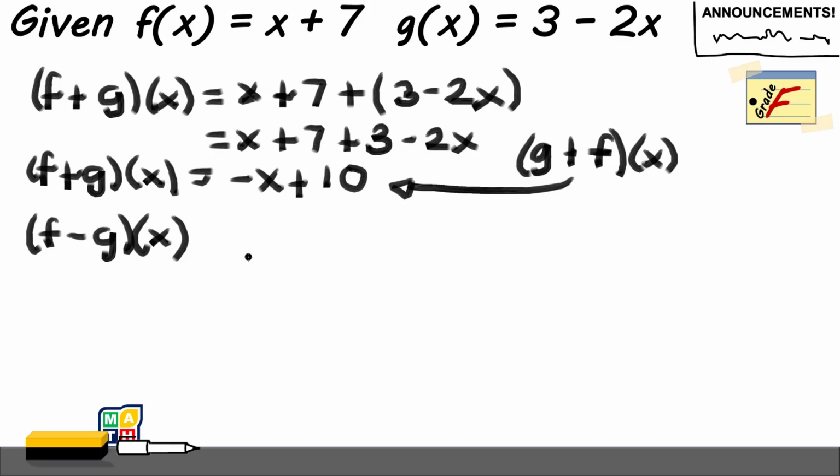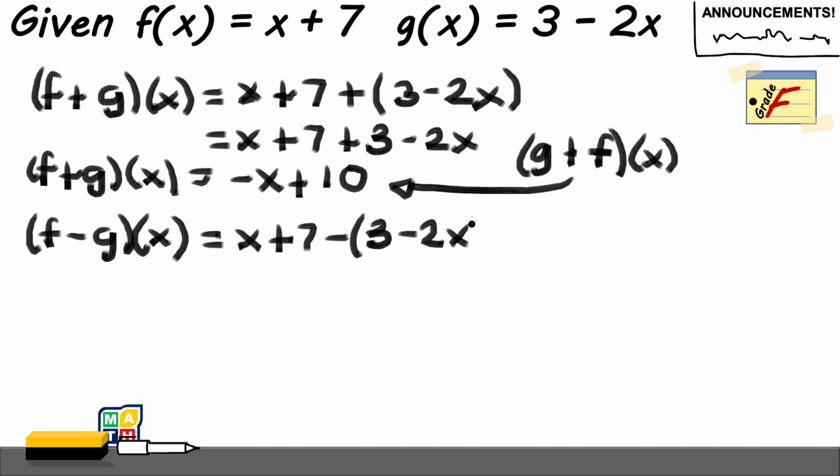Let us illustrate first the f minus g of x. This means you have your function f of x, x plus 7, to be subtracted with your g of x, which is 3 minus 2x. This is where the use of parentheses is very important.